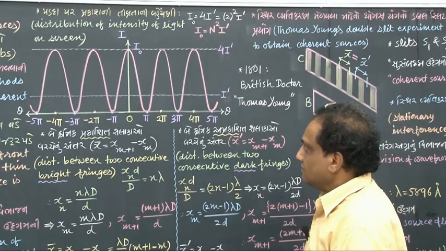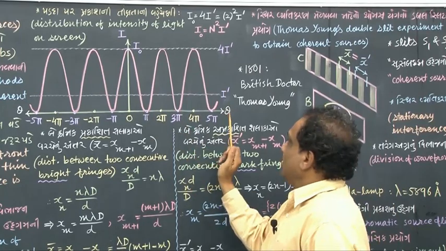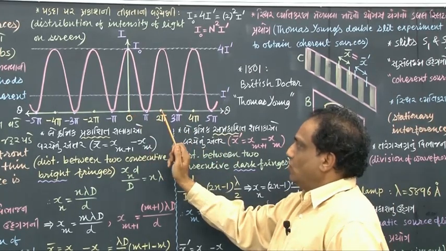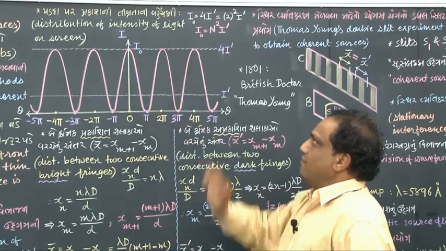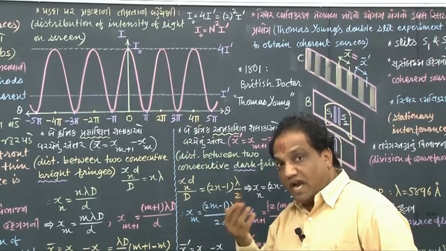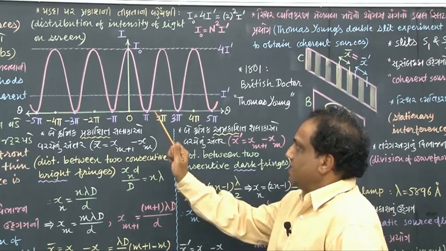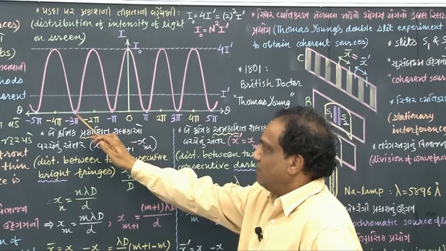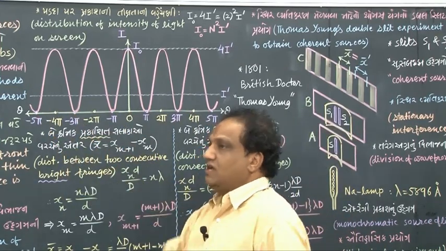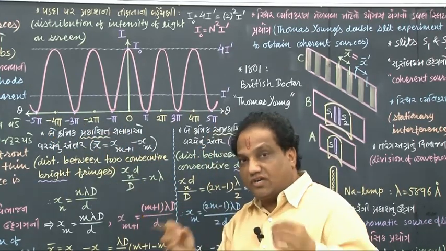Fine. Now, when theta values are 0, 2 pi, 4 pi, you get maximum intensity. Maximum intensity of light means what? Bright points, okay? And for theta values pi, 3 pi, 5 pi, minus pi, minus 3 pi, minus 5 pi, you are going to have destructive interference.